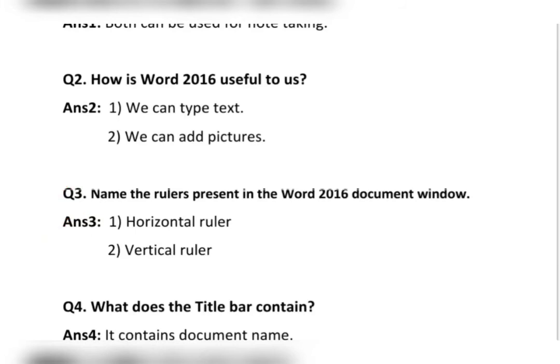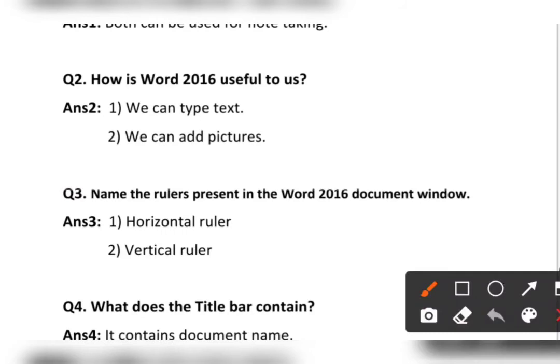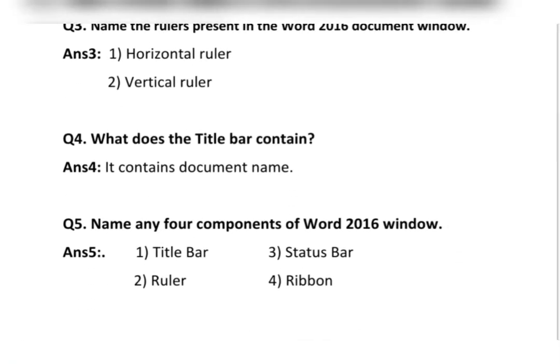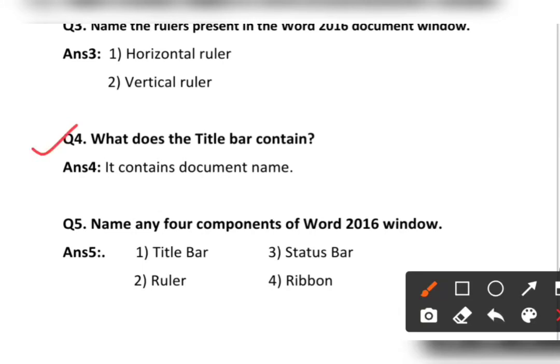After writing question 3 and answer 3, you will leave one line again. And then we will write question number 4. Yes, you can see here. This is your question number 4. What does the title bar contain? Then question mark. So the answer is very simple. It contains document name.